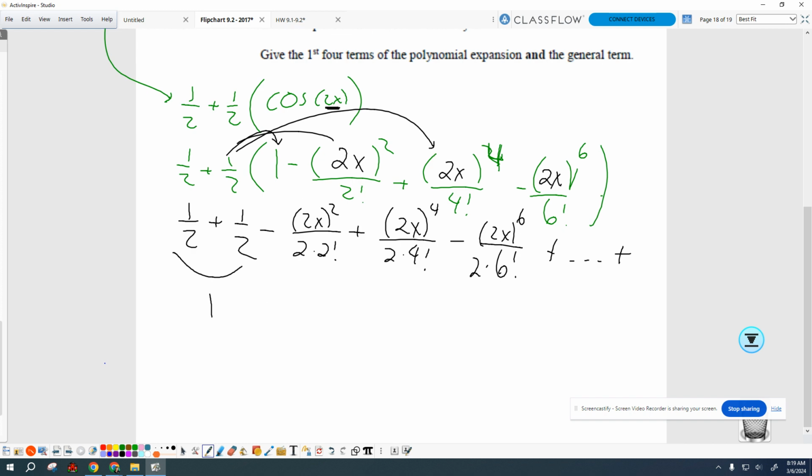Alex, any ideas? Is there something that's on every single term? It looks like we have even powers. And that denominator is gonna have whatever that power is, 2 times that thing factorial.